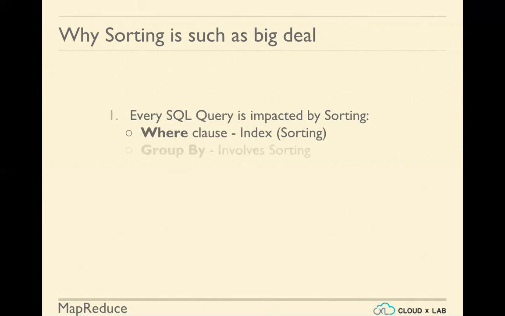Good. So every SQL is impacted by sorting because, for example, the where clause becomes very fast if the fields on which you are running the where clause are indexed. And what is indexing? Under the hood, it's actually sorting the data.